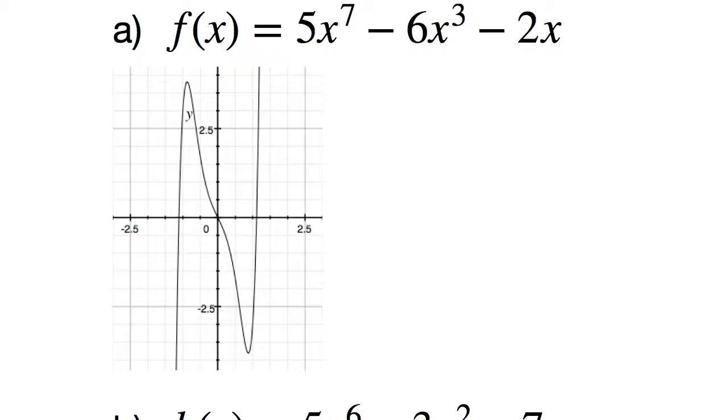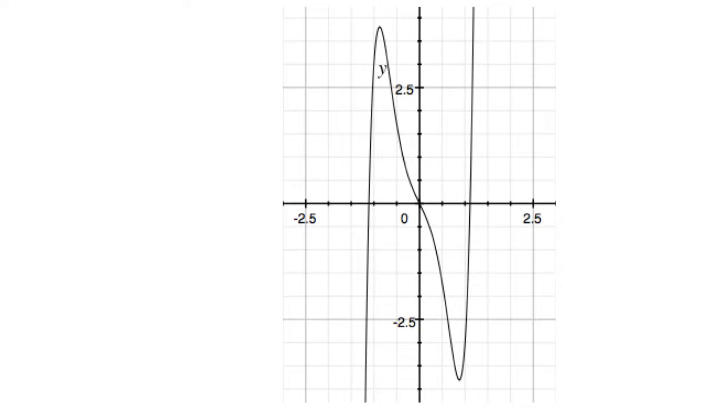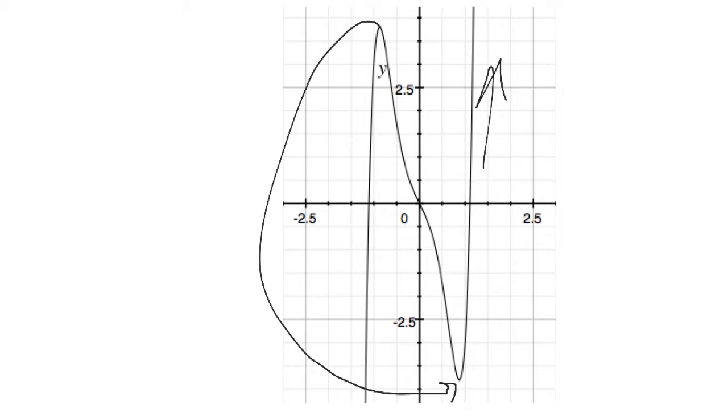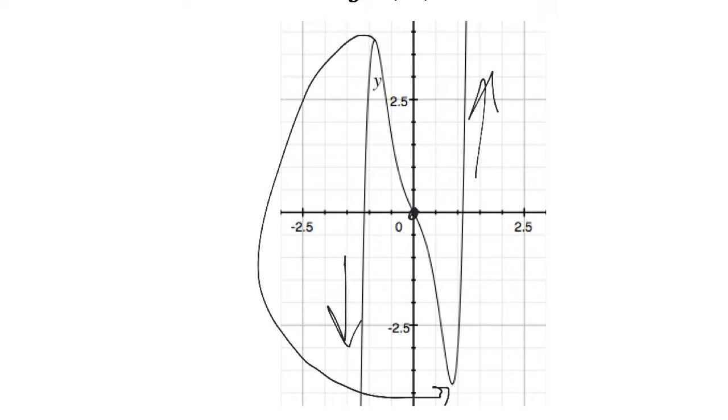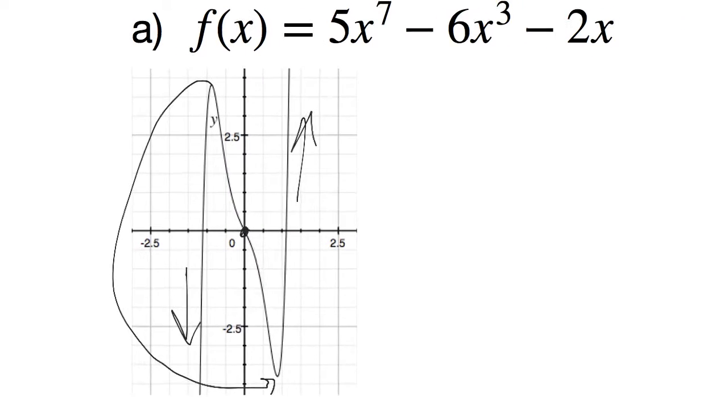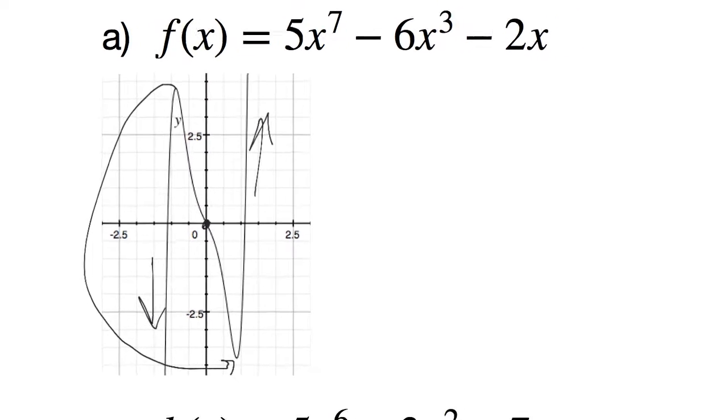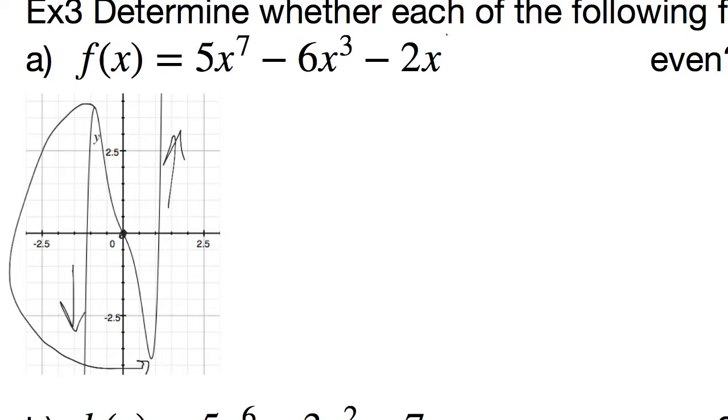Okay, so let's take a look at this actual graph. Where's symmetry here? Well, I can see that if I rotate this point around, it looks like this here, and this steep portion of the graph rotated around becomes that steep portion. So it just might be rotationally symmetric around the origin. So that might indicate that it's an odd function. And look, the exponents are odd.